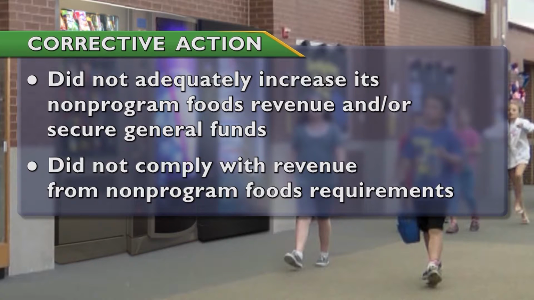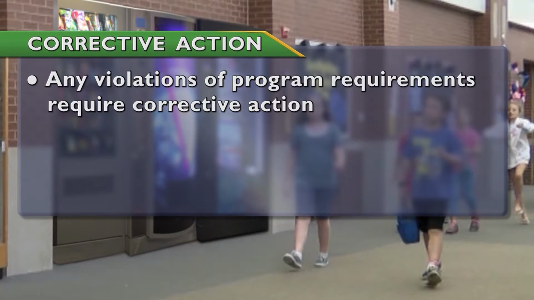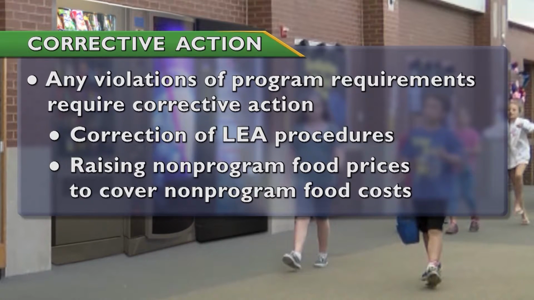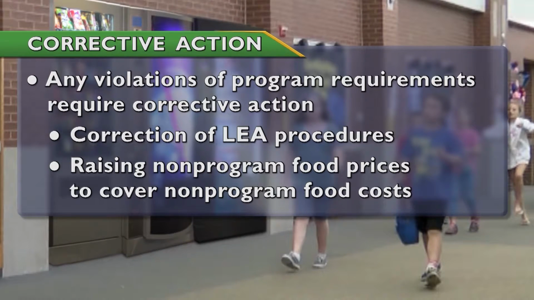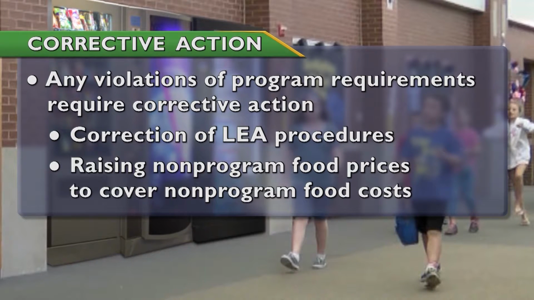Any violations of the program requirements require corrective action, which may include correction of LEA procedures for determining non-program food costs or raising its non-program food prices sufficiently to cover the LEA's non-program food costs.